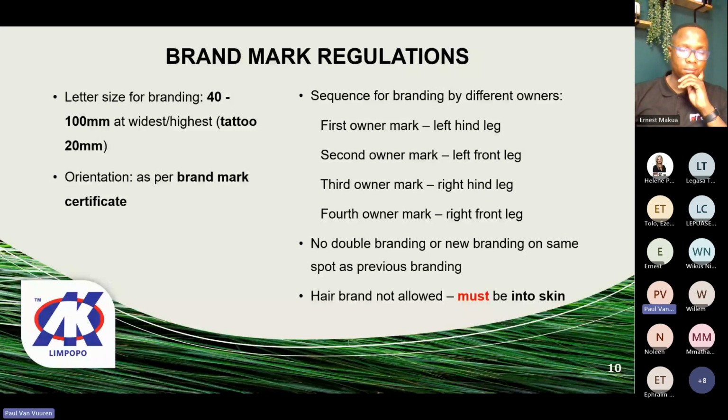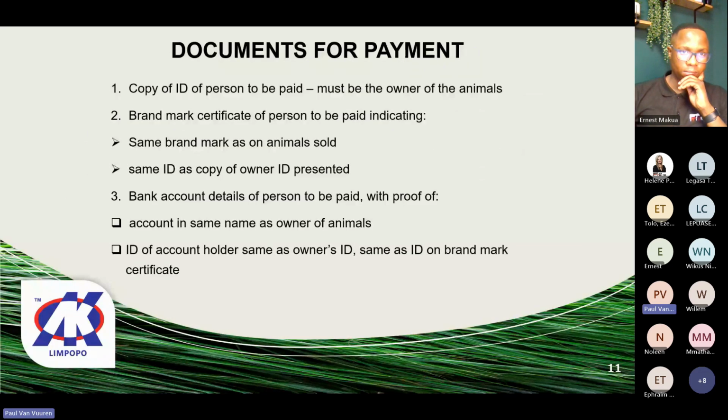But let's turn over to page 11. Documents for payment. All right. After your animal has been received at an auction and it went through our biosecurity system, and the biosecurity officer has inspected your animal, it will get a number. So if you are number 1, your animal is going to get a paint number of number 1 stamped on the animal.